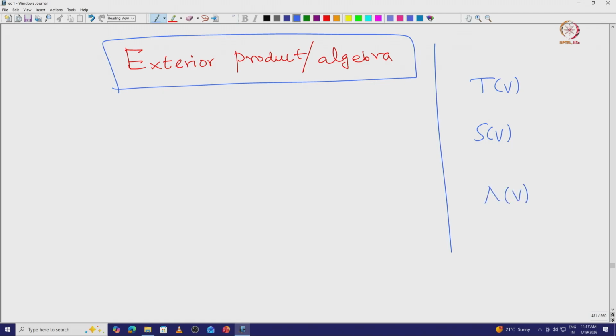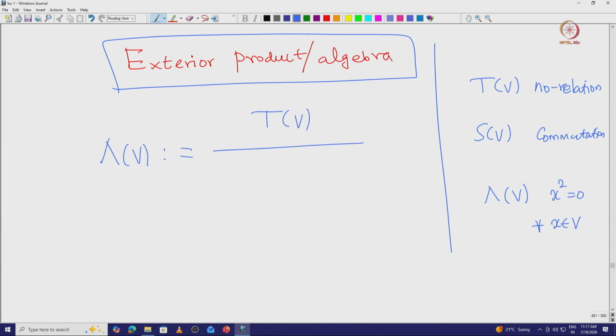Now we are going to define lambda V, the exterior product, where we demand that x square is 0 for all x in V. So here no relation, here only the commutation, and here we demand x square is 0 for all x in V. More formally, lambda V is defined to be TV modulo the two-sided ideal generated by x tensor x for all x in V.